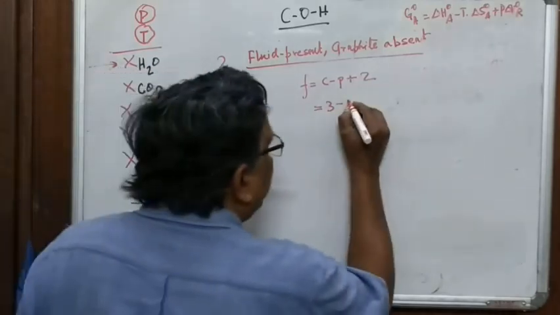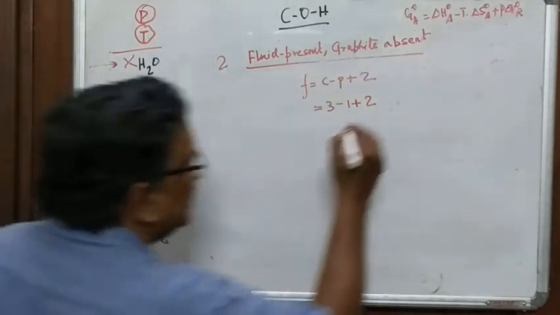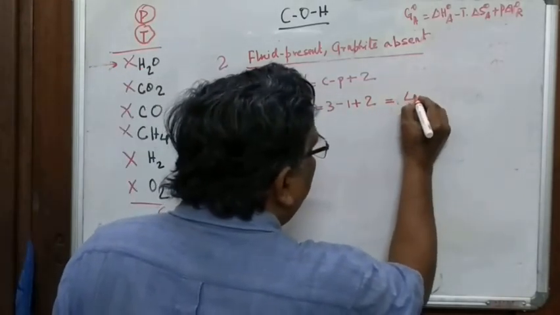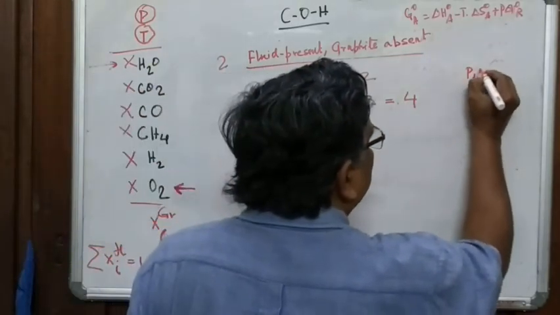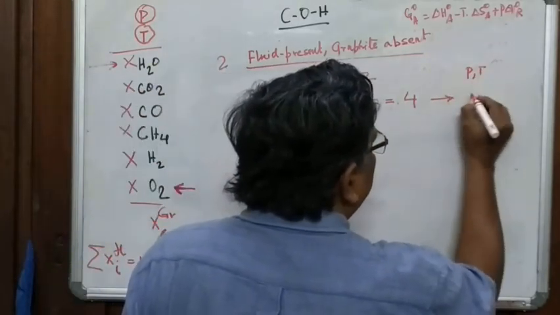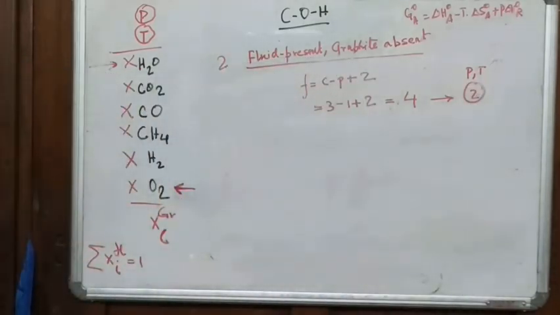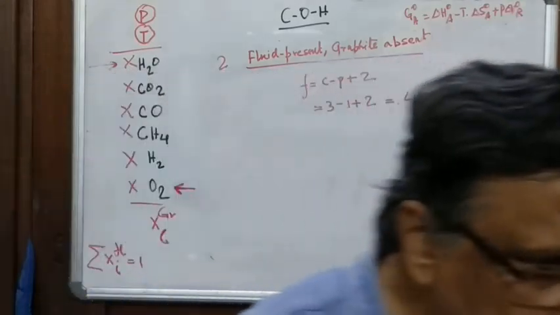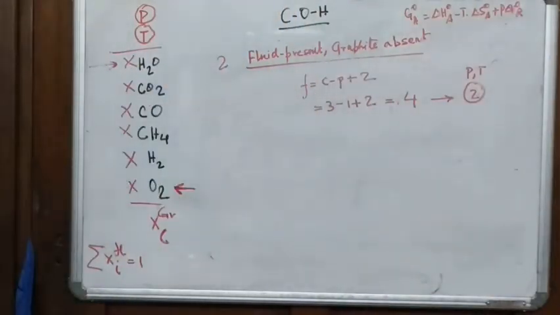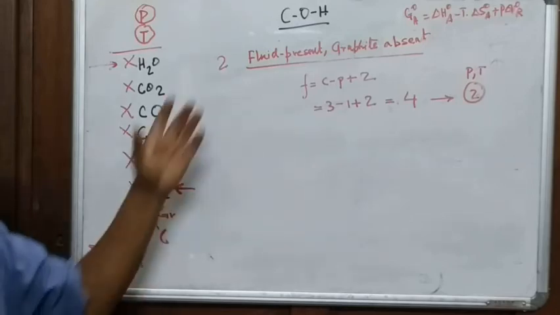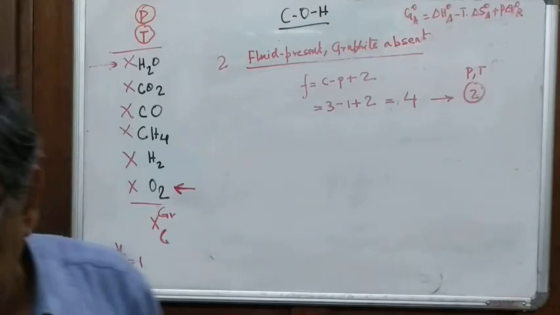So 3 minus 1 plus 2 is 4. At a known pressure and temperature, 2 input variables are necessary. That's what the equation says. You have to input 2 variables.